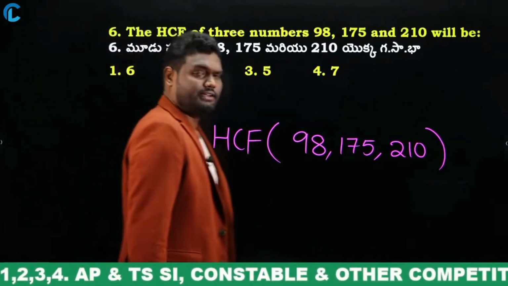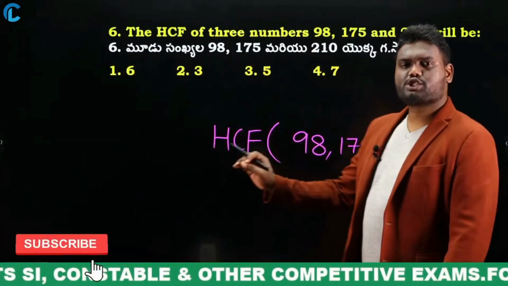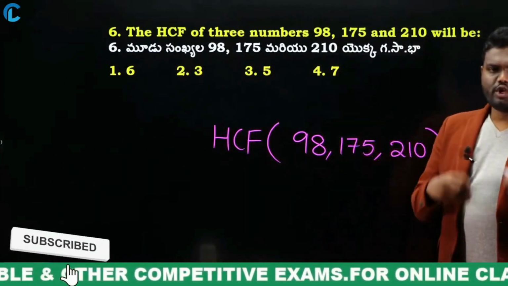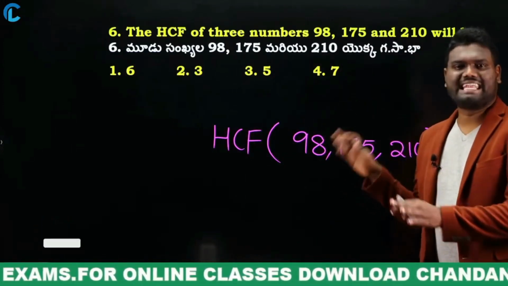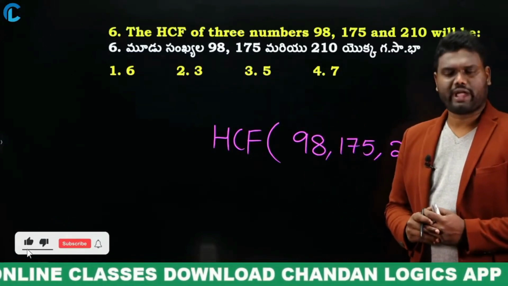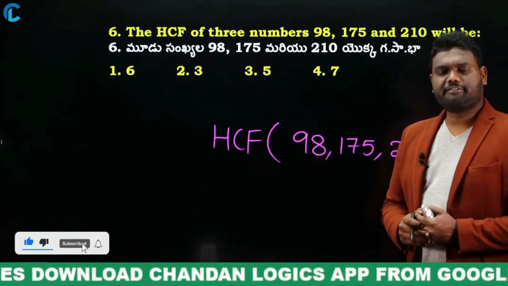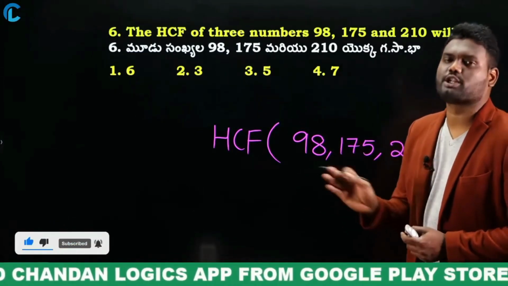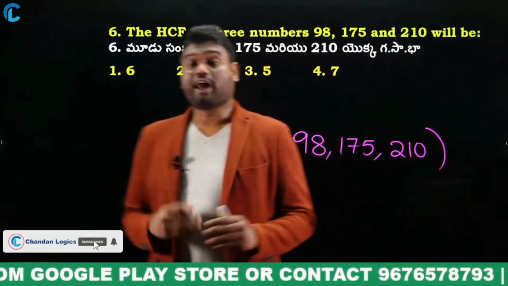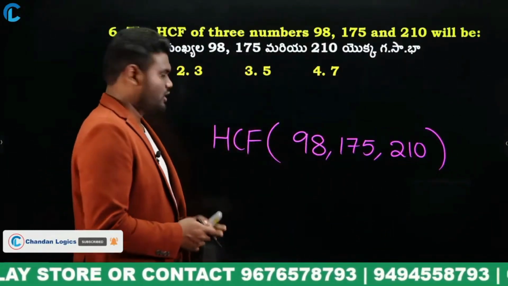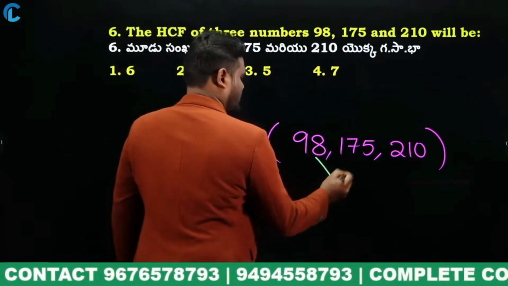As I have told you already, when it is two numbers, you know how to calculate. For three numbers also, the same technique. Take the smallest number. HCF will be either the smallest number or a factor of the smallest number. You can do it this way, or else you can take the difference.